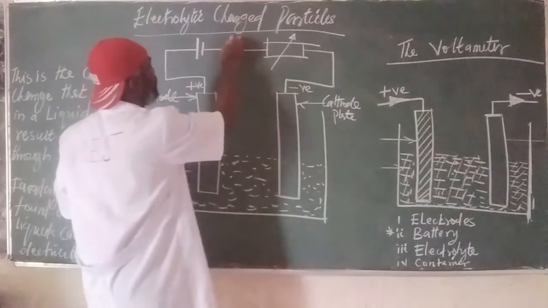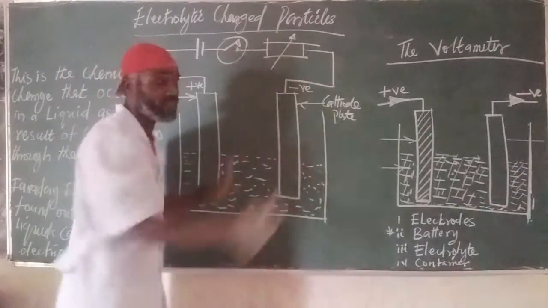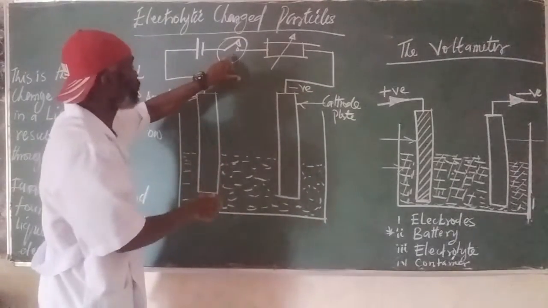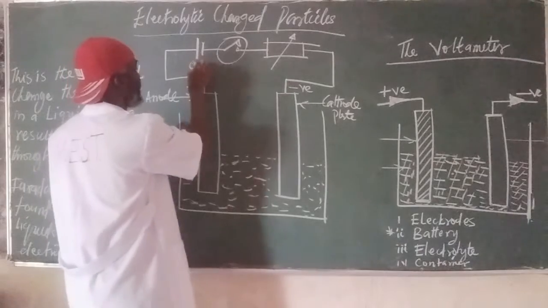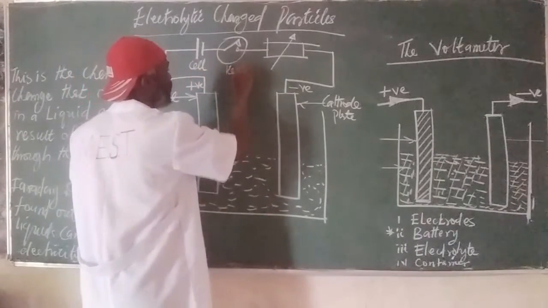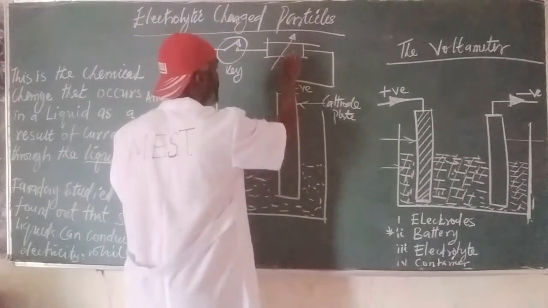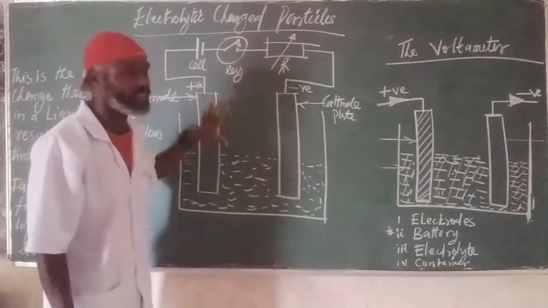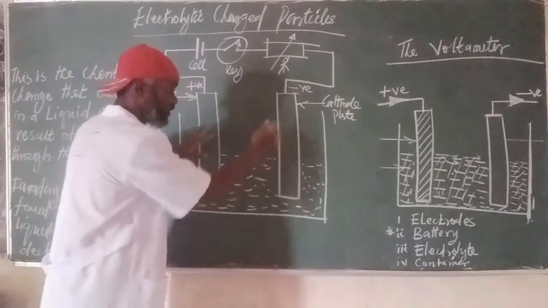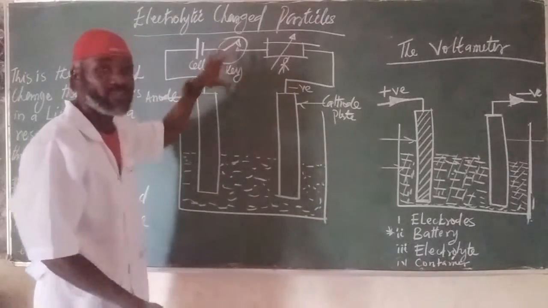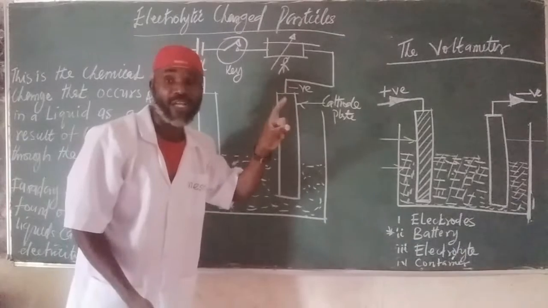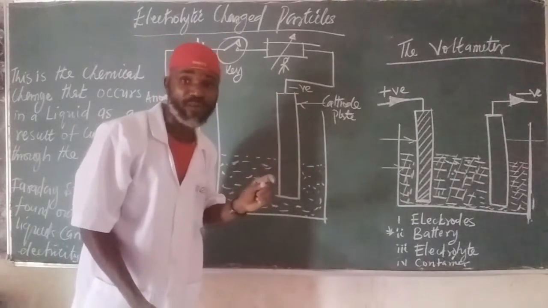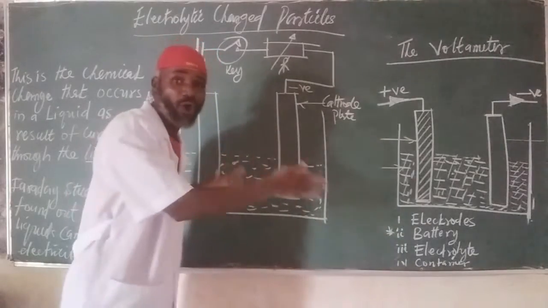Let's assume that the key is open. This is the cell, this is the key, the switch, and this is the rheostat, the variable resistor. The cell supplies energy to the system. The key is an on and off device that regulates the current flow.